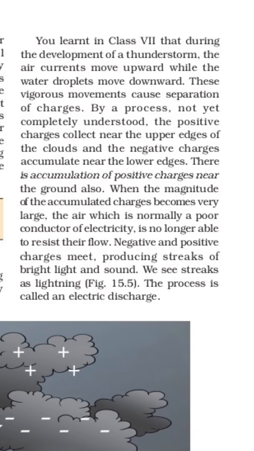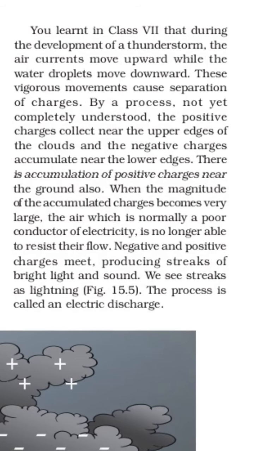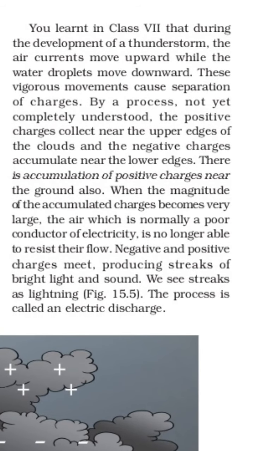Now see the point. You learned in class 7th that during the development of a thunderstorm, the air currents move upward while the water droplets move downward. I already told you that in 7th standard there is a chapter, Winds, Storms and Cyclones. In that we learned about the development of the thunderstorm and the air currents.